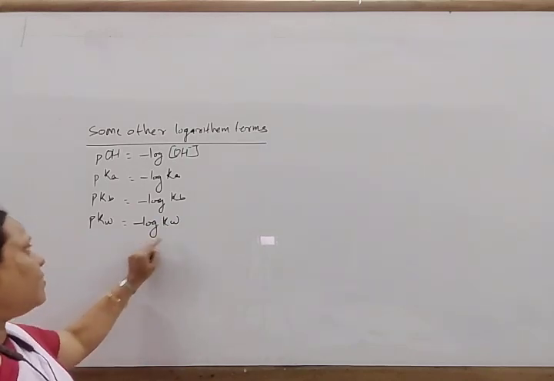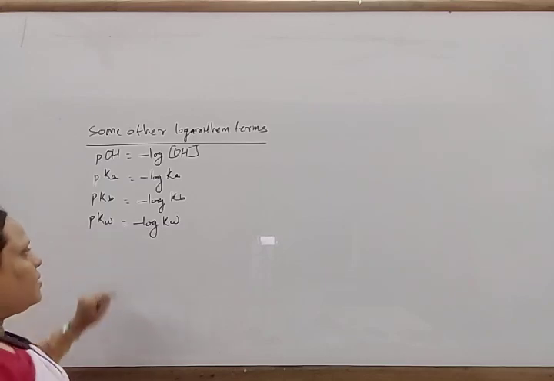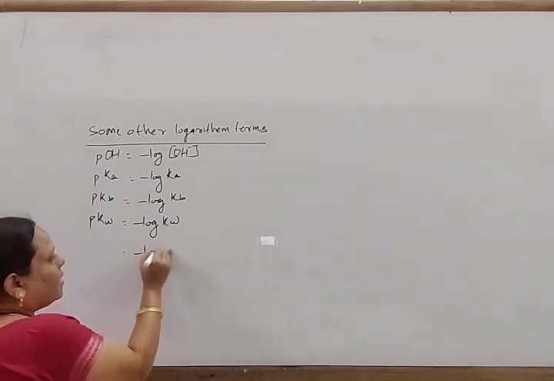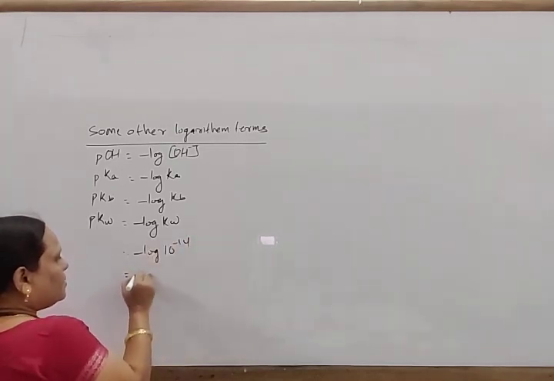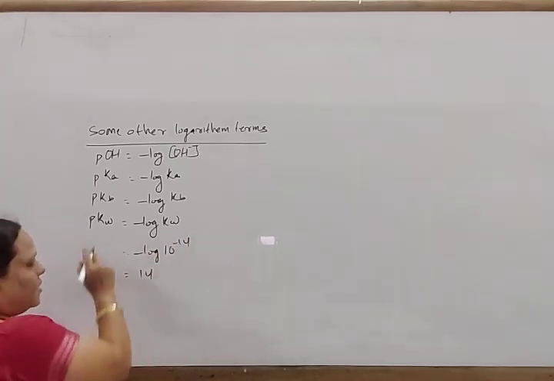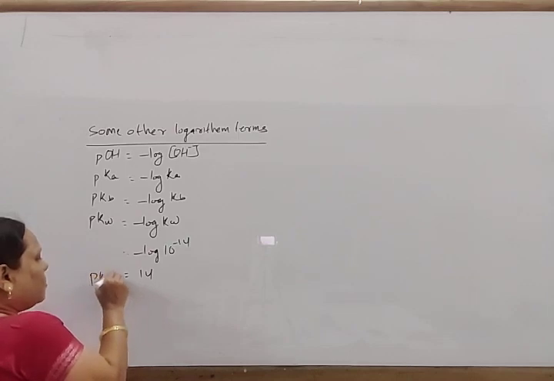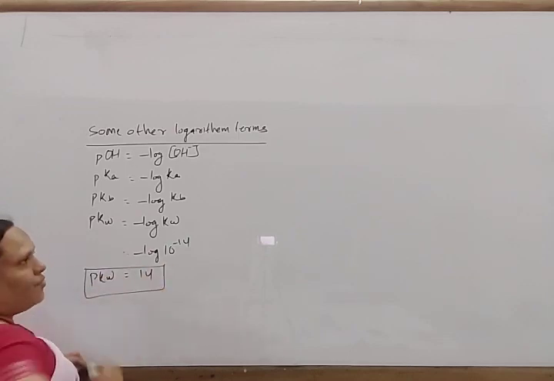The Kw value is 10 to the power minus 14, so minus log of that is always 14. So pKw is always equal to 14.